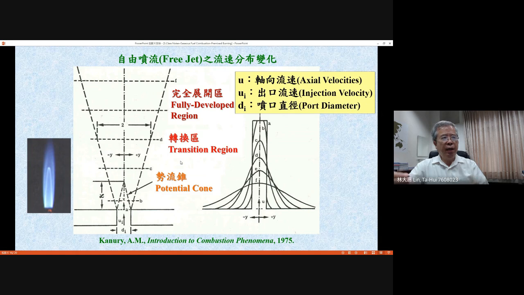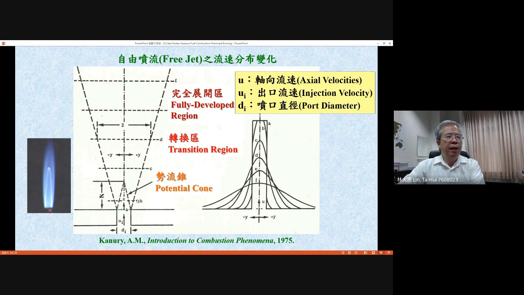This pressure is higher than that inside the flow, so the pressure gradient will push, or we call it suck, the outer gaseous molecules into your jet.